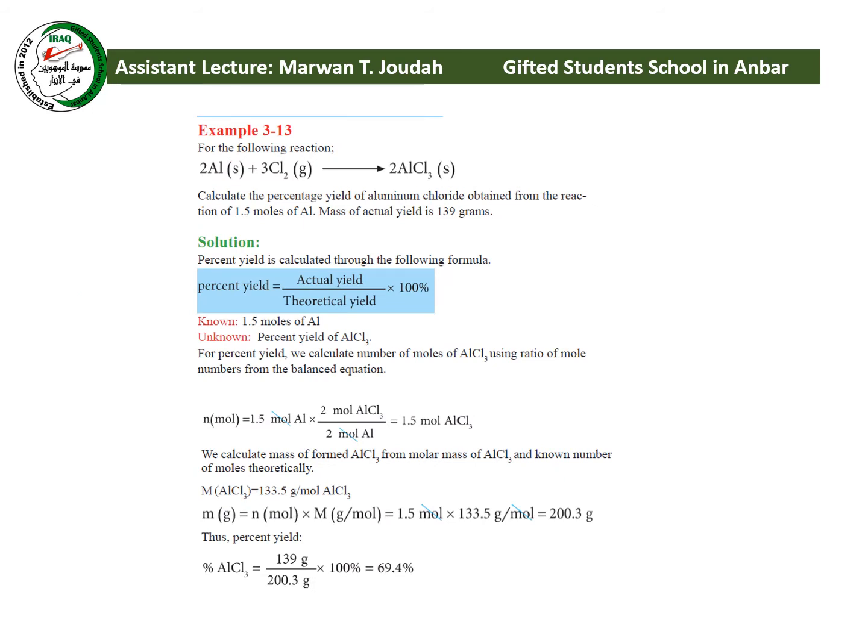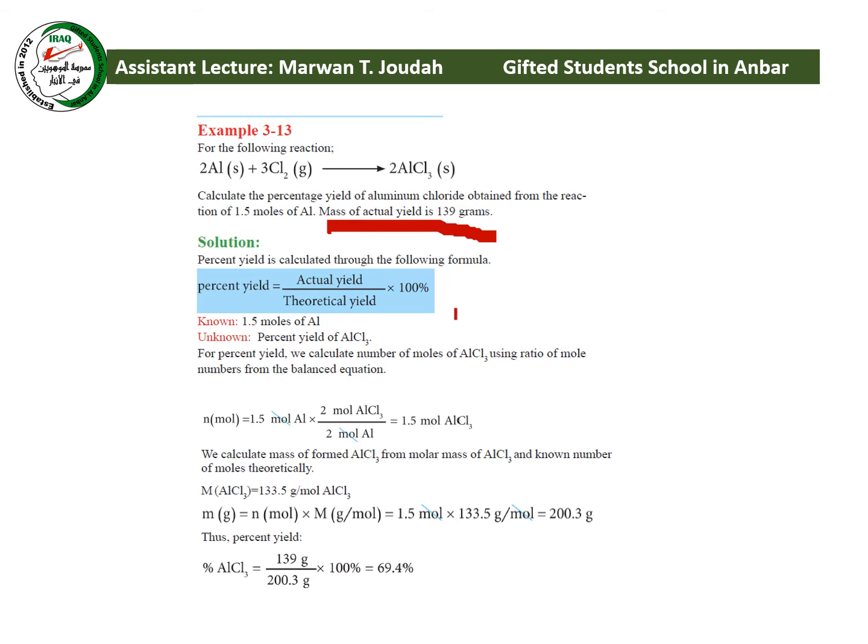First example. For the following reaction, we have 2Al plus 3Cl2 gives us 2AlCl3, aluminum chloride. Calculate the percent yield of aluminum chloride obtained from the reaction of 1.5 moles of Al. The actual yield is given. I need to calculate the theoretical yield in order to use the law.